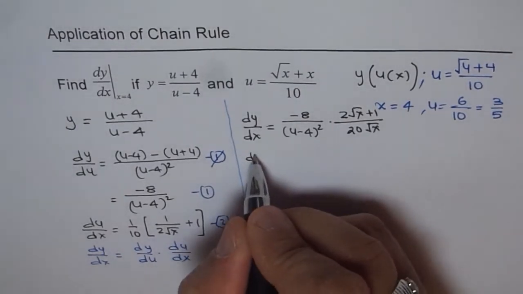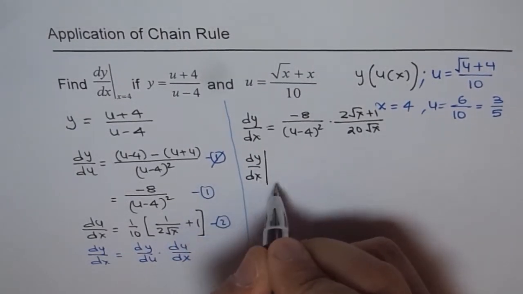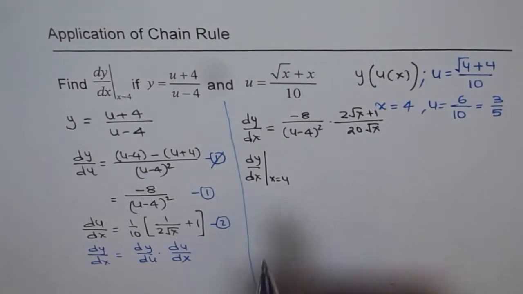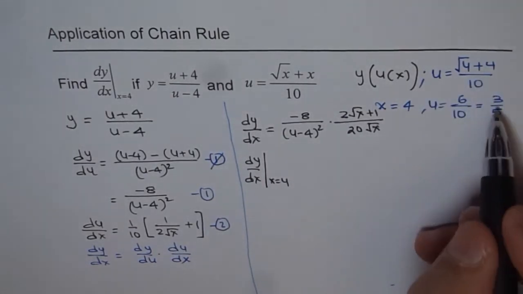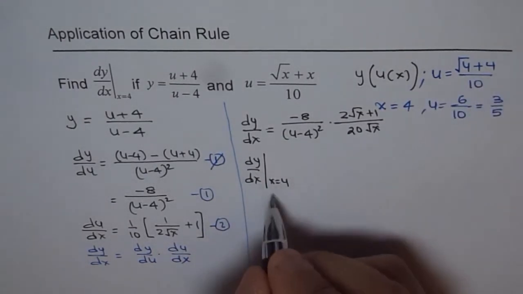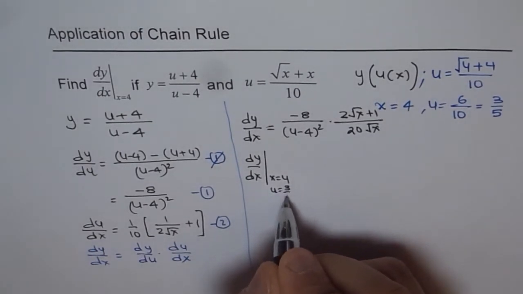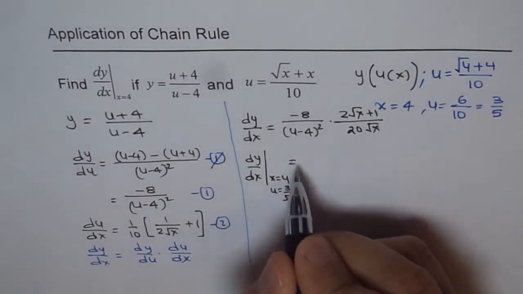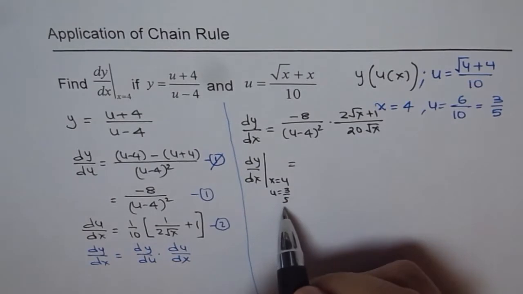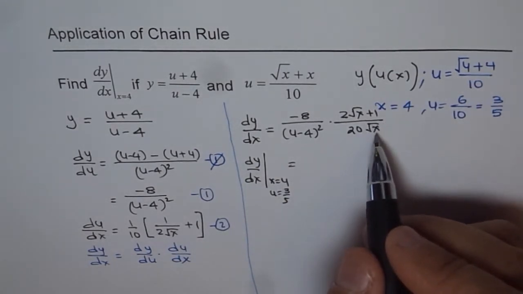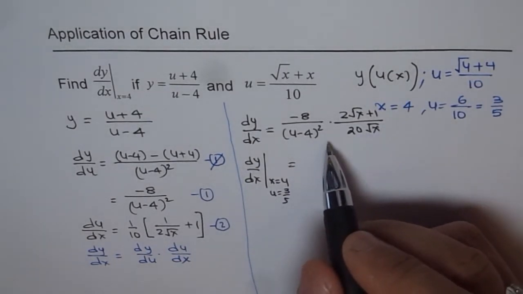Now let's find dy dx at x equals 4. We also saw when x is 4, then u is 3 over 5, correct? So we can write here u equals 3 over 5. That helps. Now we'll substitute u as 3 over 5 and x as 4 and then solve our equation, correct?